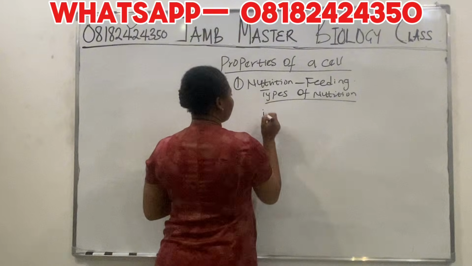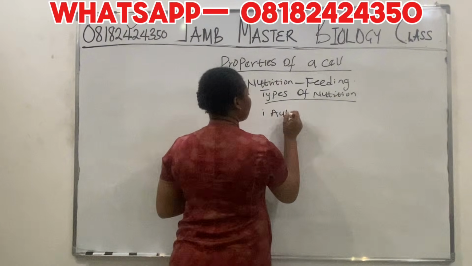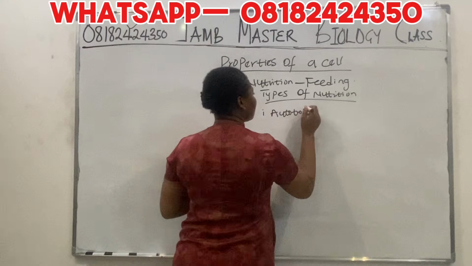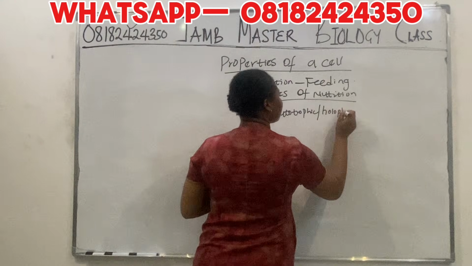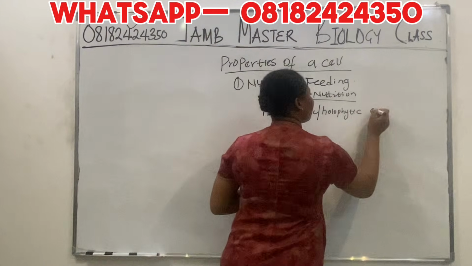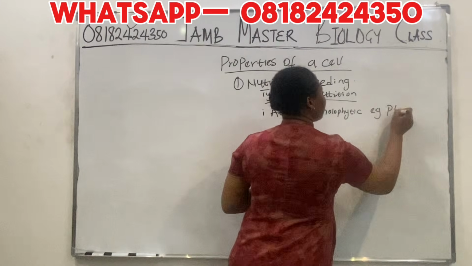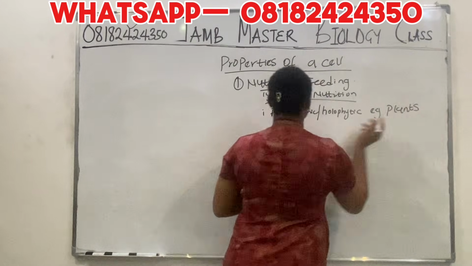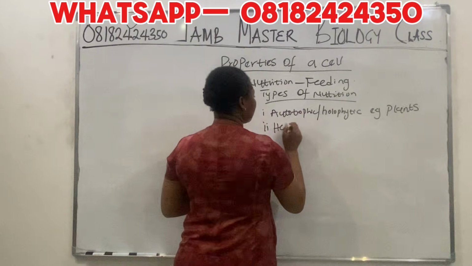Number one, we have autotrophic or holophytic. Example of where it occurs, we have plants. Plants basically carry out autotrophic nutrition. Number two, we have heterotrophic.